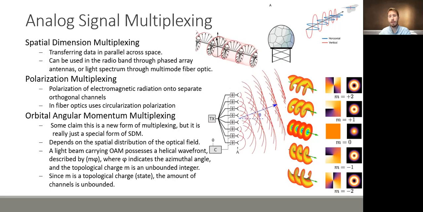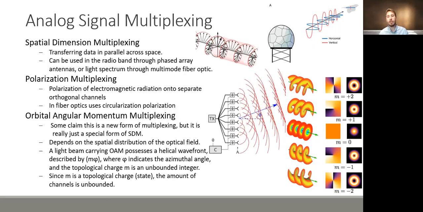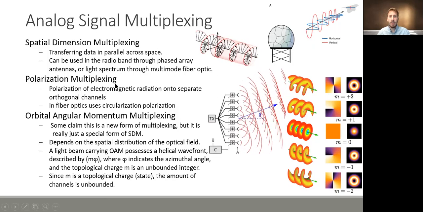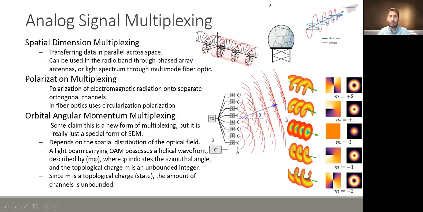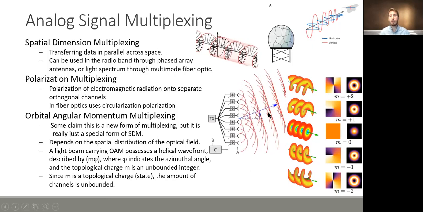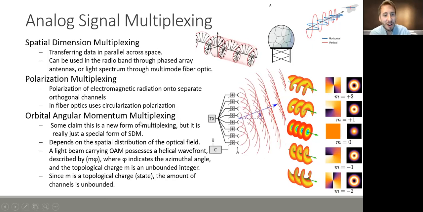You can use right-handed or left-handed polarization, and then encode data on each of those specifically polarized directions. Be careful not to confuse this with orbital angular momentum, because that also uses light and does use this helical pattern. However, it's not strictly polarization. And so let's get on to it.